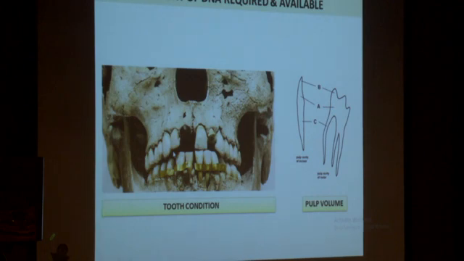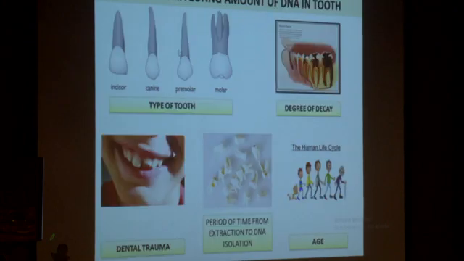Sometimes, if the body has been buried for a long time and you are not able to get 1 nanogram of material, then you can go for the PCR method to amplify the amount of DNA you have. Now there are different factors which are responsible for the amount of DNA that can be extracted.